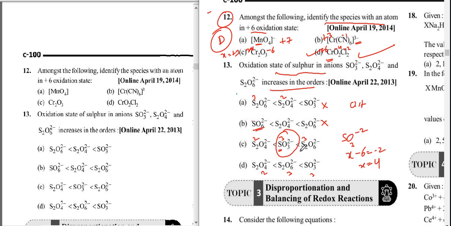In case of S2O6 2 minus, it is 2x minus 12 equal to -2. That means 2x equal to -2 plus 12, that means +10, then x equal to 5. Here x equal to 5, there x equal to 4, that means C is the correct option for the 13th question.